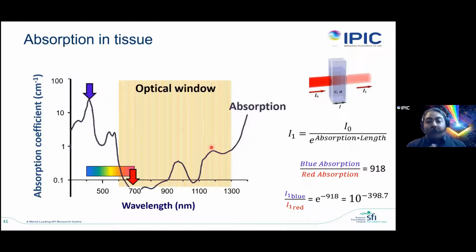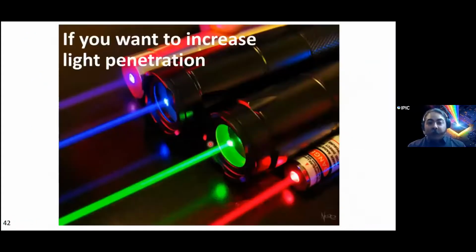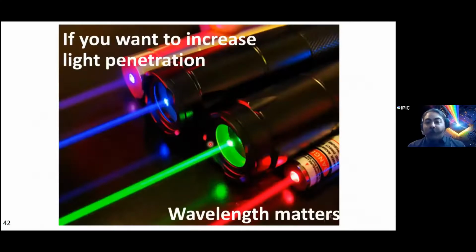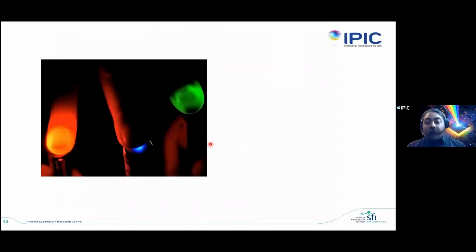And you would also consider scattering events, which will happen in the order of cm^-1 with scattering coefficients. Now, if you think about the penetration of light in tissues, the wavelength actually matters. You can see it if you shine blue light, nothing passes through your finger, but red light does.